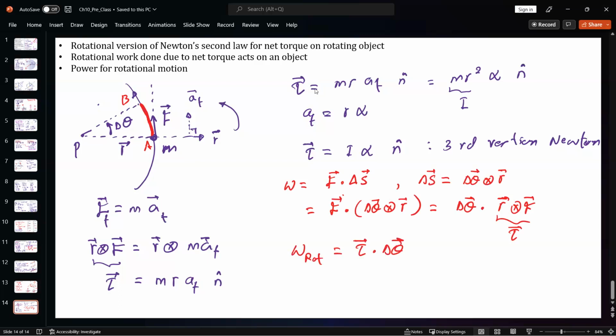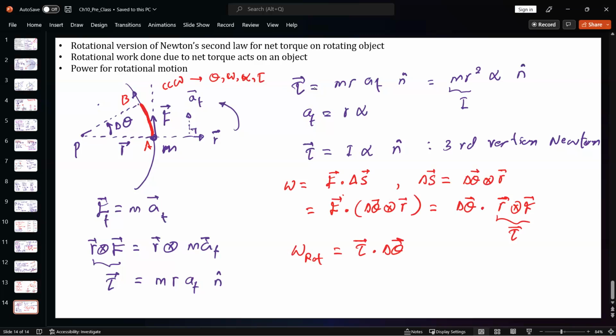So that's the idea. Usually if I rotate in the counterclockwise direction, then that particular rotation will produce all these parameters, theta, omega, alpha, and torque, all on the same line, either upward or downward, either positive k or negative k direction.